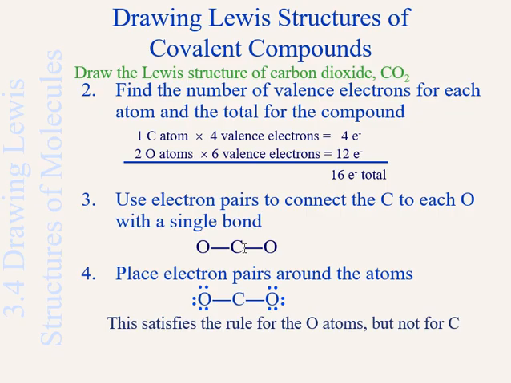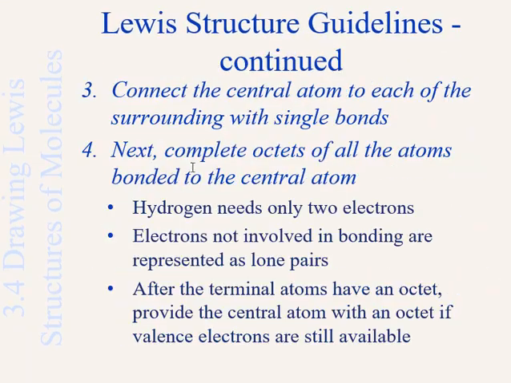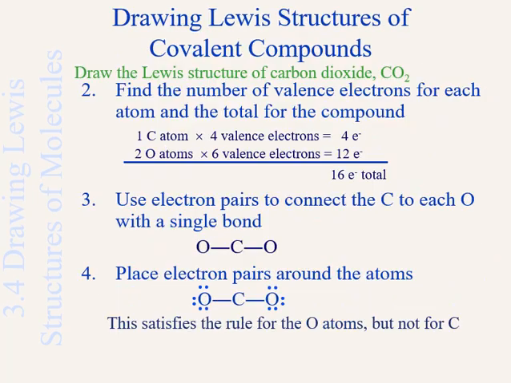You used up 4. Then rule number 4, place electron pairs around the atoms, and you want to place them around the side atoms according to rule number 4, which was specifically spelled out in all details here, completing octets of all the atoms bonded to the central atom. So what we are trying to do is give an octet to the side atoms here. So here, oxygen has how many electrons currently?